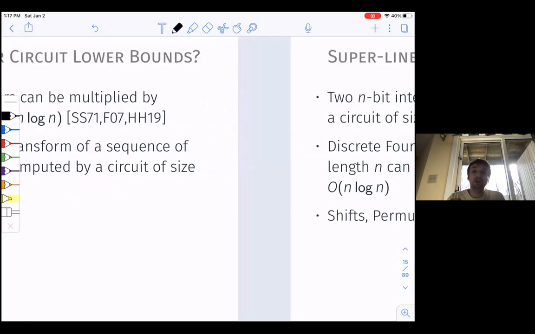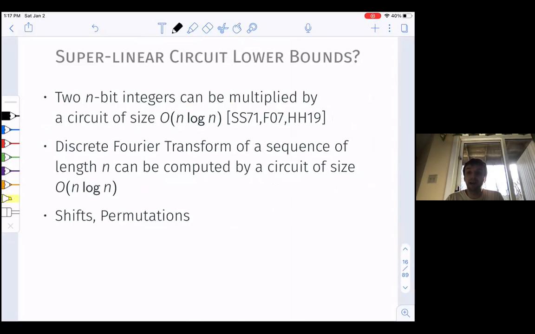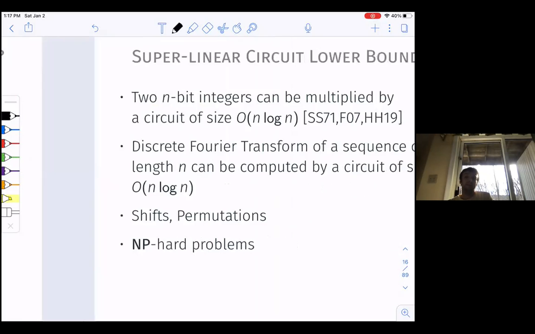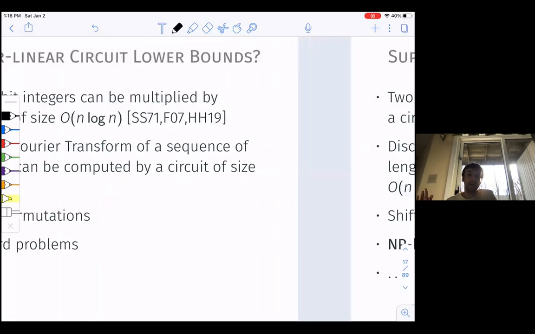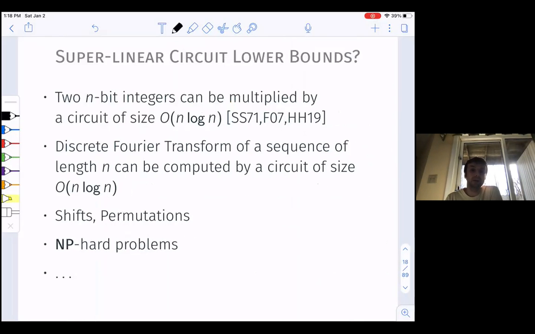For many shifts and permutations of the n input bits, we also conjecture superlinear circuit lower bounds. We just don't know how to prove them. Finally, if you pick your favorite NP-hard problem, then most likely it requires circuits of superlinear size. So we have many candidates for superlinear circuit lower bounds. We just don't have tools for proving this.